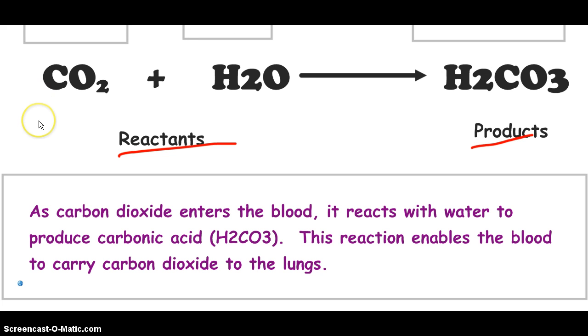So what we were seeing is, this is actually a chemical reaction, getting rid of carbon dioxide. So what happens is, as carbon dioxide enters the blood, it reacts with water to produce carbonic acid. There's our chemical equation. This reaction enables the blood to carry carbon dioxide to the lungs.